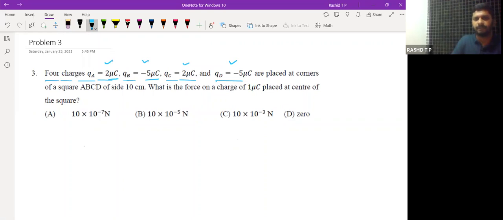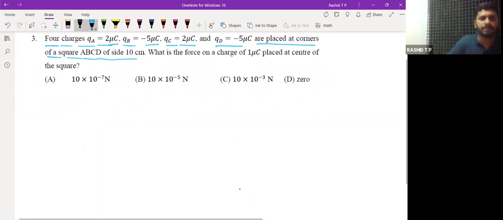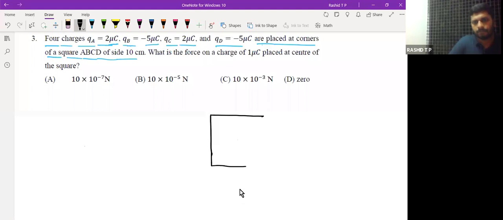Two charges are the same, placed at the corners of a square ABCD of side 10 centimeter. Now we have to draw a square. Believe that this is a square.